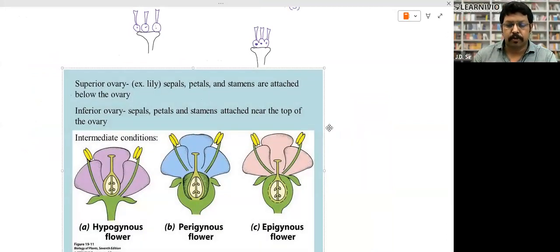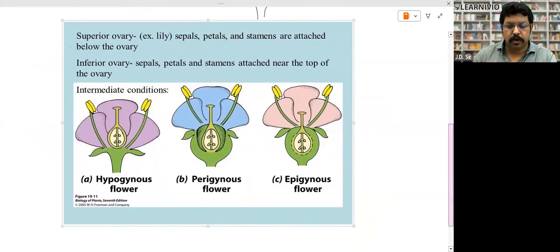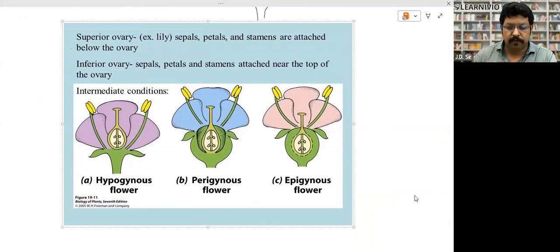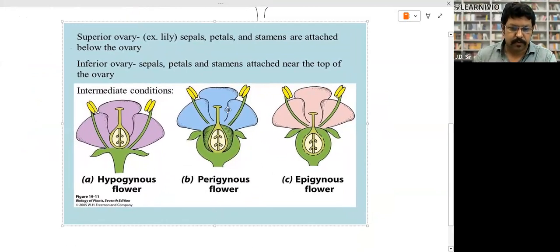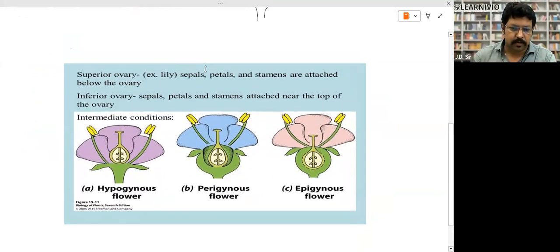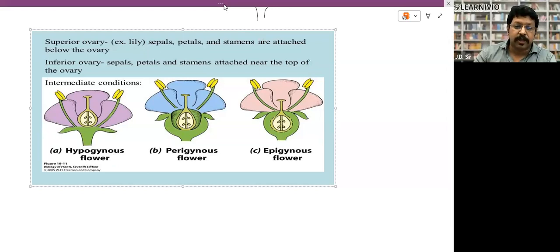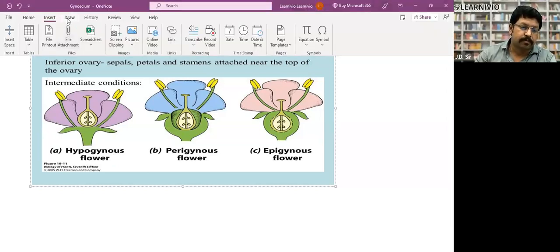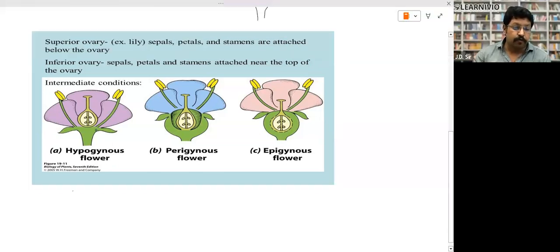On the basis of the position of the ovary, flowers may be of the following types. It may be hypogynous. Try to understand how you will represent it in the floral formula.